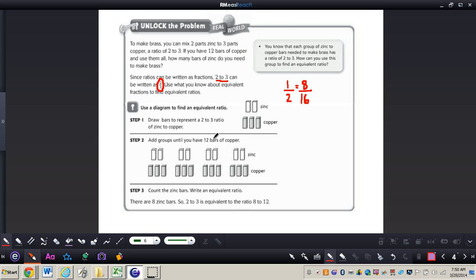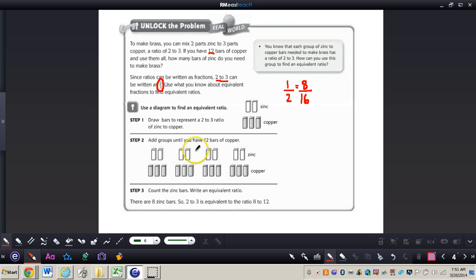Now, our step 1 says draw bars to represent 2 to 3 ratio of zinc to copper. So we have 2 examples of zinc, 3 coppers here. Okay, so now we're going to keep adding to that ratio until we hit 12 bars of copper. Okay, so we have 2 parts zinc, 3 parts copper.